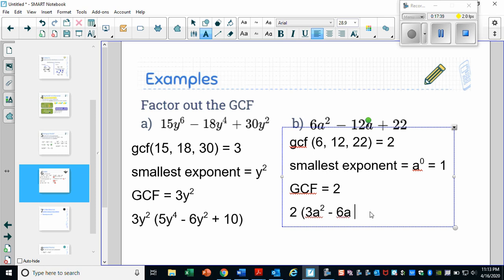And then positive 22 divided by 2 is positive 11.